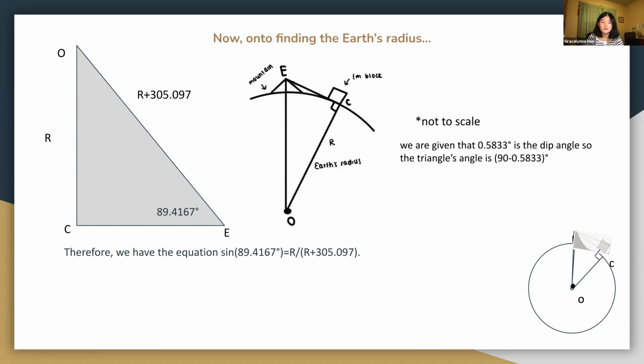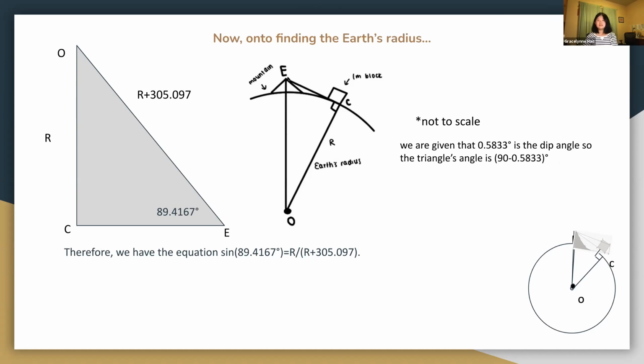So from here, just to kind of simplify his methods, we are given that 0.5833 degrees is the dip angle. So the triangle's angle is 90 minus this, because what a dip angle is basically, if you were looking straight across from the top of the mountain, then you would kind of have this line.